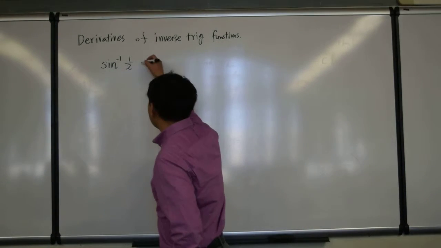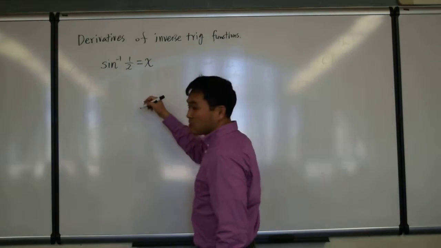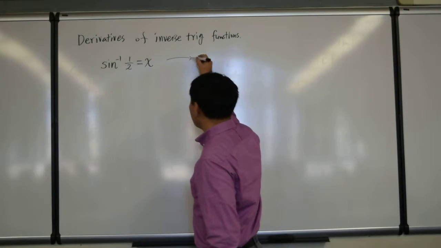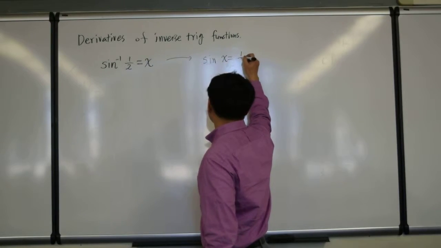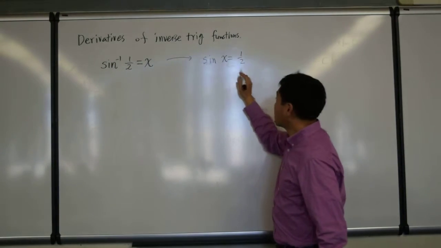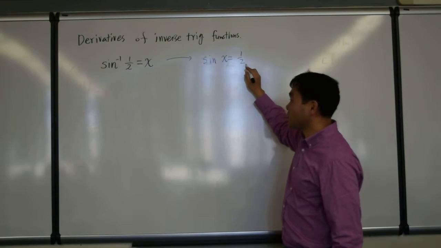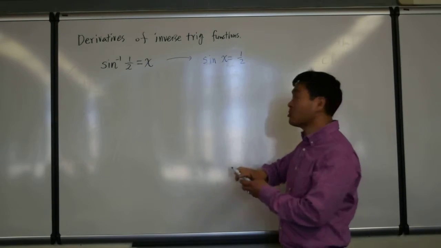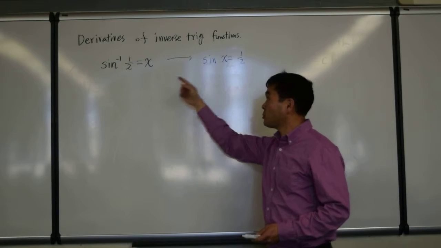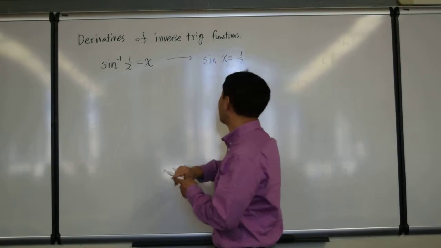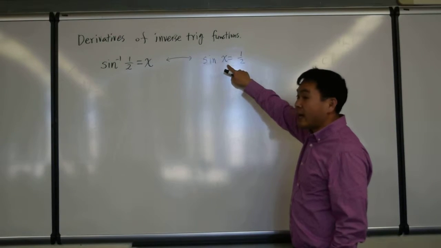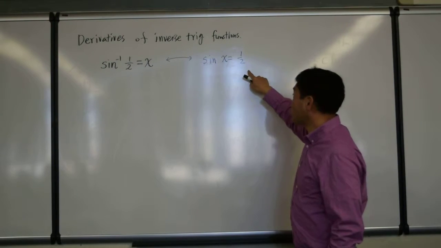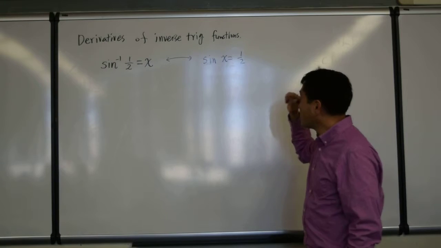So if you say this is equal to x, then this is just another way of saying that sine of x is equal to 1/2. See, in this format, x is the input and 1/2 is the output, right? What does the inverse function do? It switches the input and output, and that's what you get. So if we solve for x, we get the inverse function of 1/2.